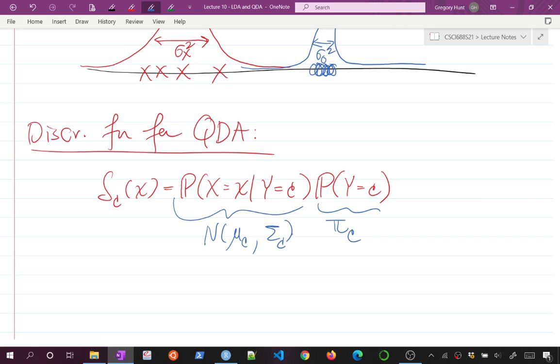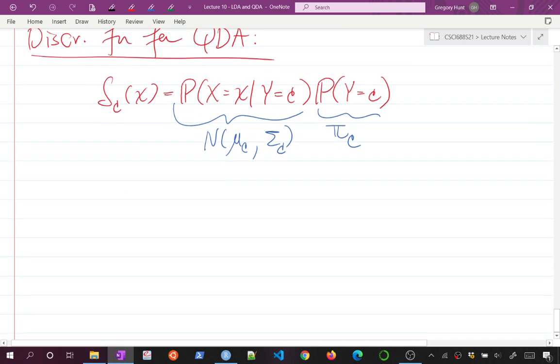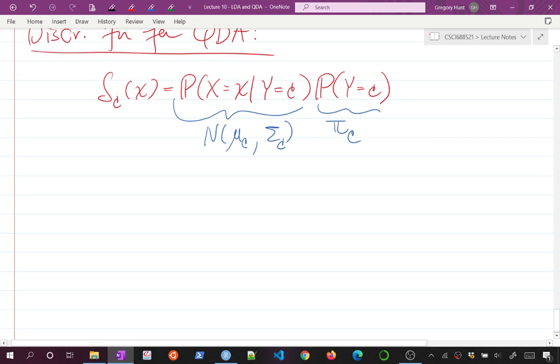Now, I've done the derivation for LDA both in the univariate case and in the multivariate case. So I'm not going to recapitulate that whole derivation.